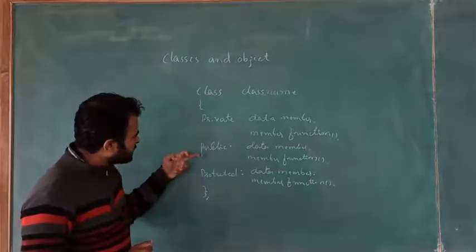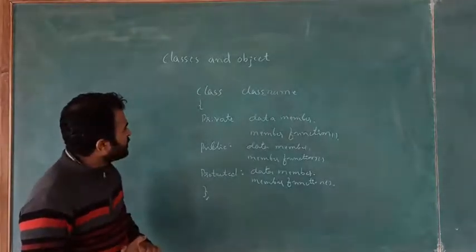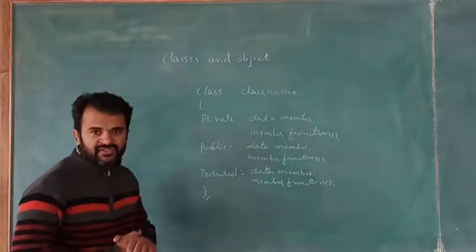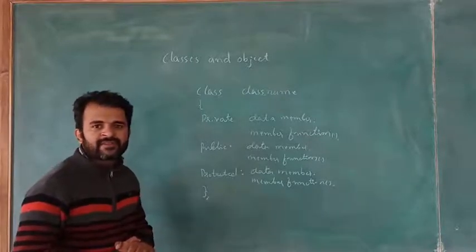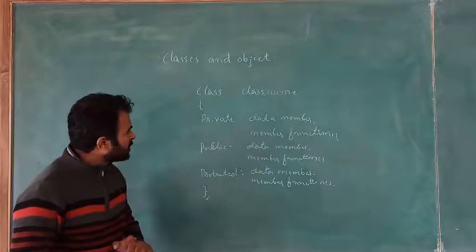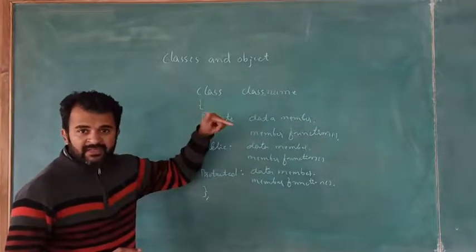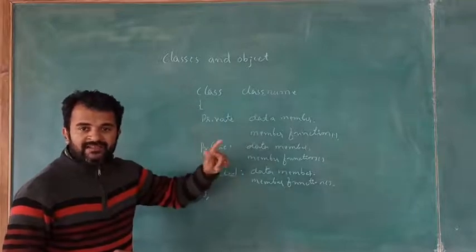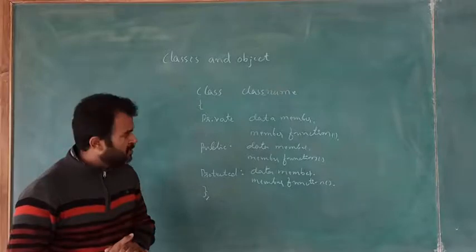In total, three types of access specifiers are mentioned. Now the points in class definition and declaration. First, data members: the variables declared inside the class are called data members, and they represent the characteristics of the class.